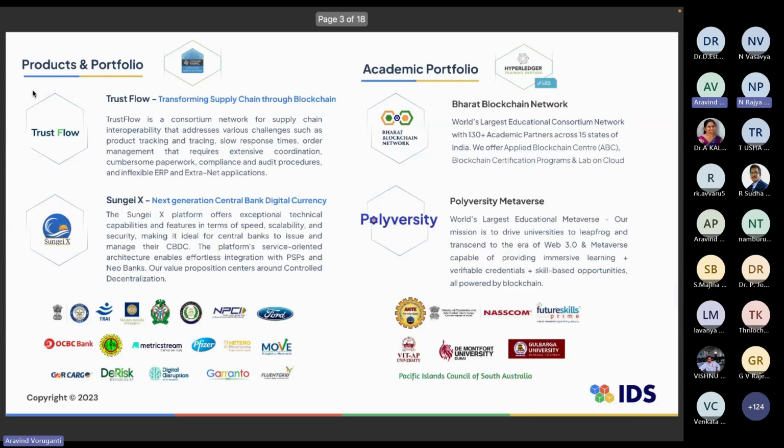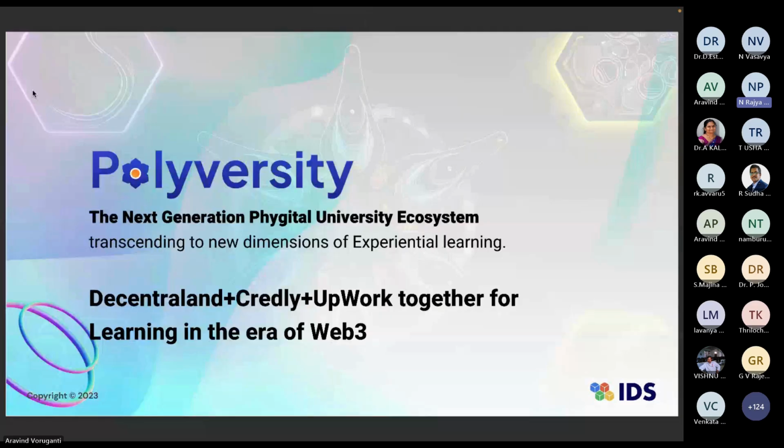We are also trying to bring new dimensions of experiential learning, verifiable credentials, and gig opportunities into Polyversity, so that along with the virtual campuses of universities, even corporates and startups will have their office spaces in Opportunity Park Avenue.